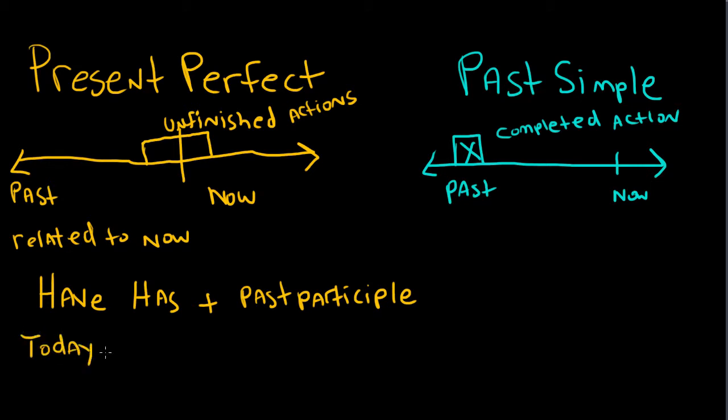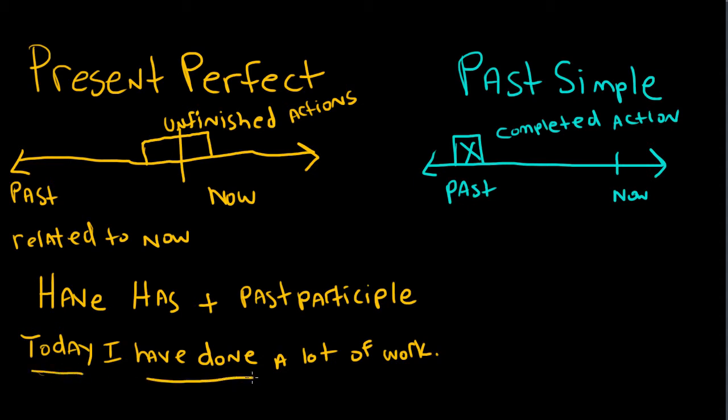Today, I have done a lot of work. In this sentence, today is now, and I have done a lot of work, but it refers to the fact that I am not finished doing that work.